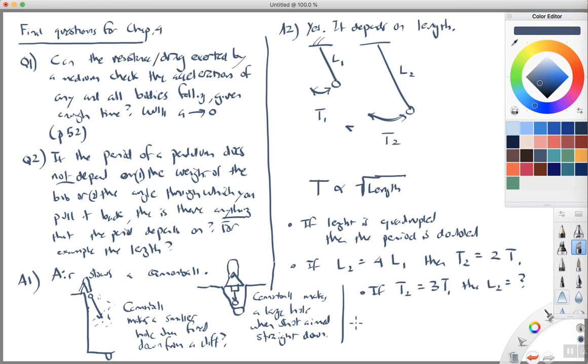Okay, let me say one other thing here before we move on. Galileo doesn't always talk about the period. He sometimes talks about the frequency of oscillation. That is, not the time it takes to swing back and forth, but how many swings it makes per second. We just need to keep in mind that the frequency is the inverse of the period. The frequency is defined as 1 over the period. So for example, if something has a period of 10 seconds, then the frequency would be 1/10 of a hertz, or 1/10 of a cycle per second.